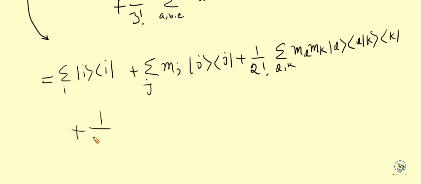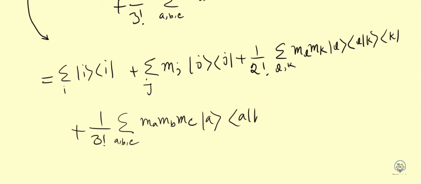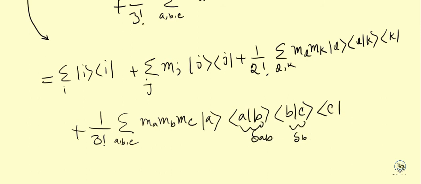The cubic term will be 1 by 3 factorial, and there will be A, B, C. You will have M of A, M of B, M of C. Finally you will have A. Then it should be a ket. A sandwich B, and there will be a B sandwich C, and there will be another C, and this will give me a delta AB, this will give me a delta BC, and here you'll have a delta LK, right?